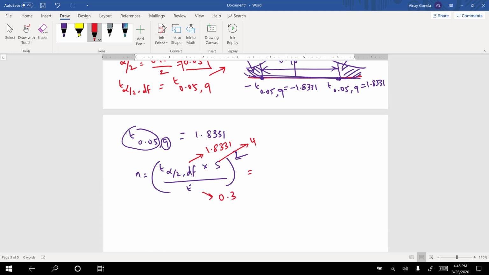So our formula would be 1.8331 multiplied by 4 divided by 0.3, whole square. This is going to give us 597.37, which I will round off to a higher value, 598. So I need 598 samples. My new n would be 598 to make a meaningful conclusion about the mean of the data.